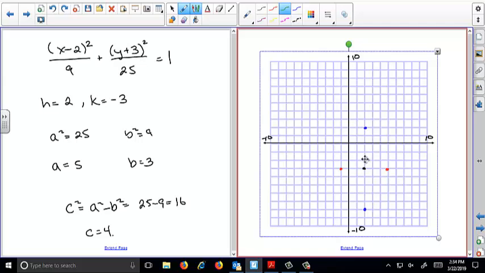So we go 1, 2, 3, 4, and 1, 2, 3, 4, like that. And then we can draw our box. So we'll have a horizontal line going here, a vertical line going there, a vertical line going there, and a horizontal line going there.